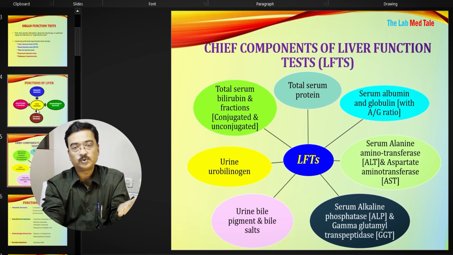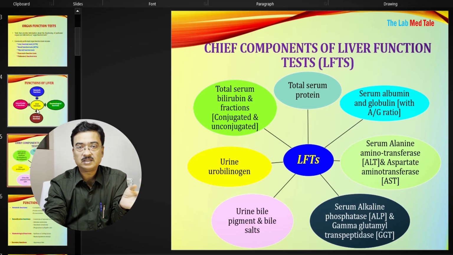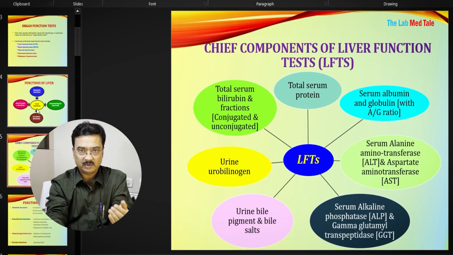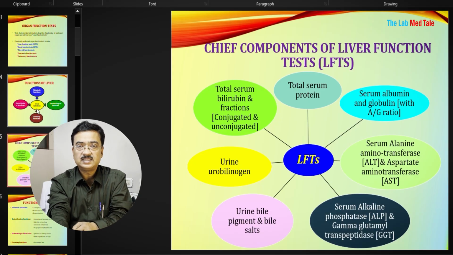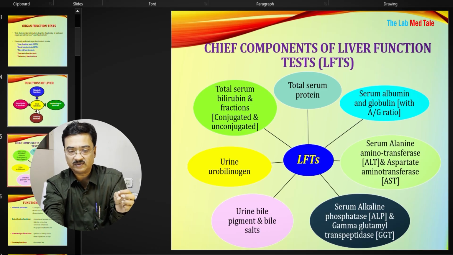Sometimes we also consider prothrombin time as a liver function test, because it describes the hematological functions, whether they are working properly or not. Urine tests also, like urine bile pigments and urine urobilinogen. These make up a liver function test in general, but you may add one or two more tests to locate more specific functions of the liver.